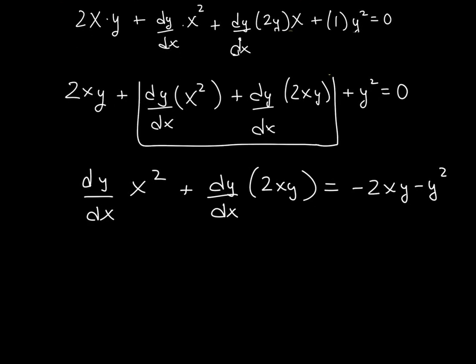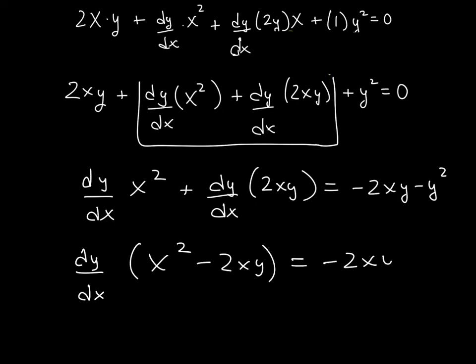On the left-hand side, I factor out dy/dx, and now I'm left with x squared minus 2xy is equal to negative 2xy minus y squared.